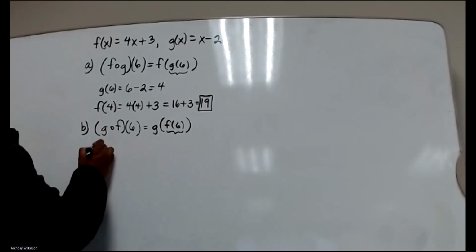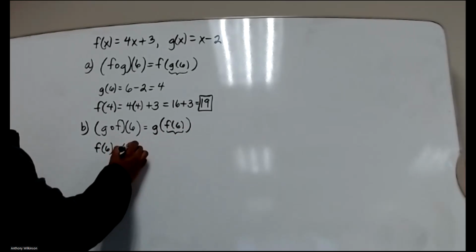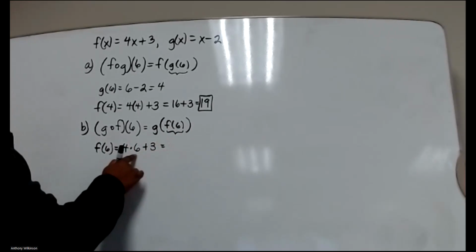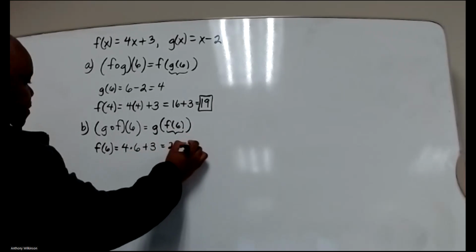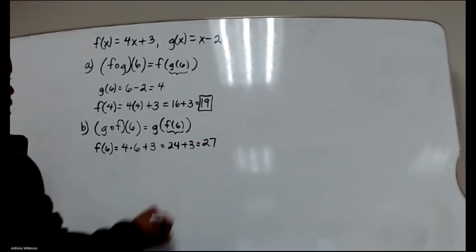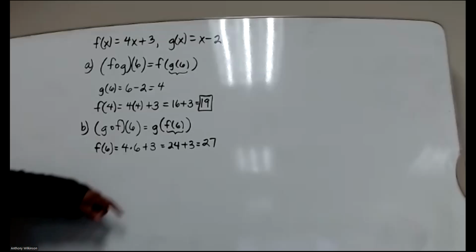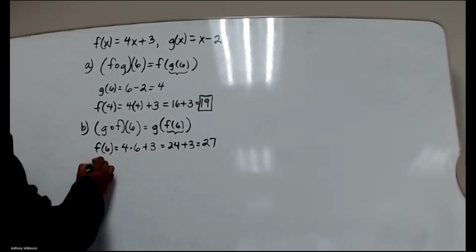So I need to evaluate what f of 6 is. That's going to be 4 times x, which is 6, plus 3. 4 times 6, that's 24. 24 plus 3 is 27. So f of 6 is 27, but I need to find out what g of 27 would be.